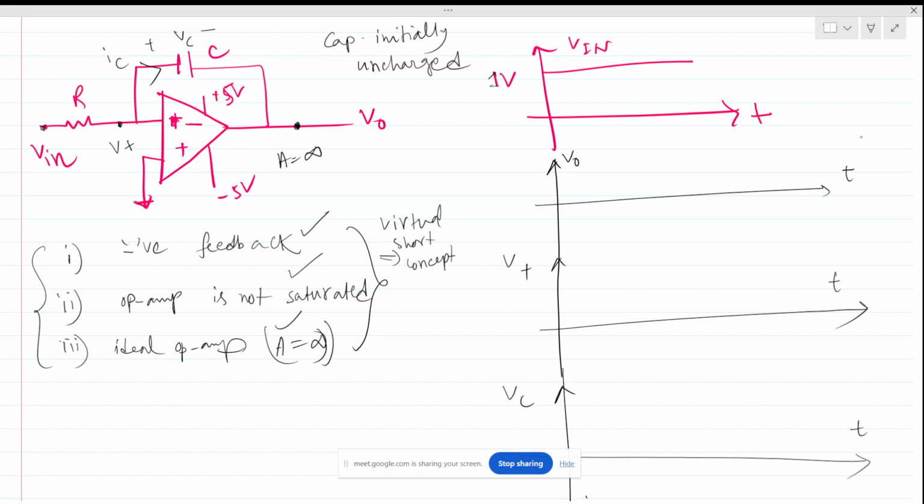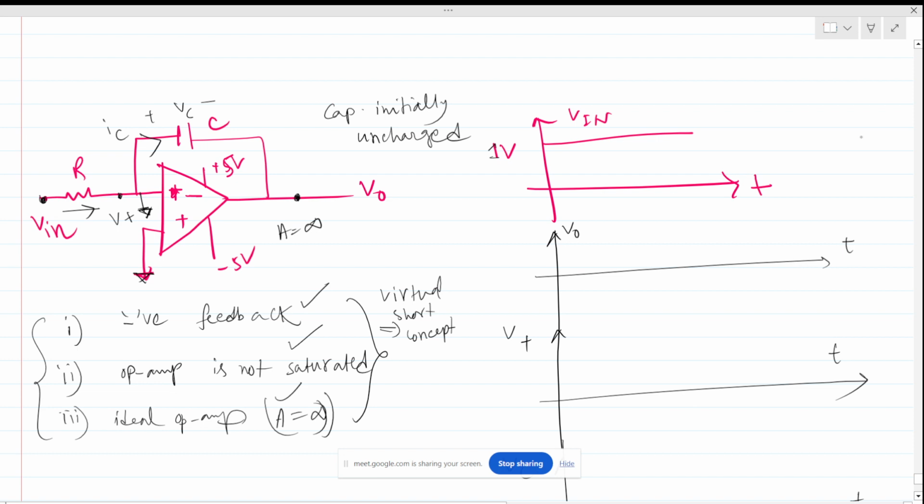So if the virtual short concept is applied, these voltages go to ground, 0 volt, right? Now what is the next approach? If this is ground and this is a constant voltage, there is a constant current, right? If there is a constant current, no current can go through this branch.